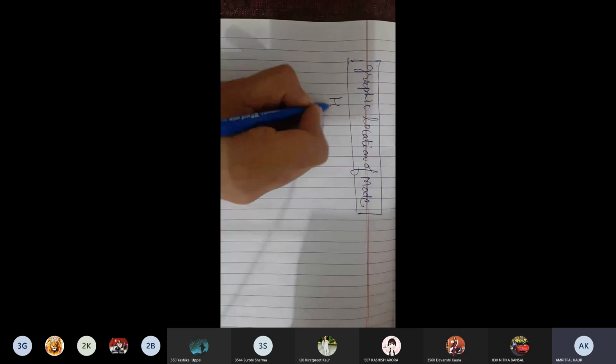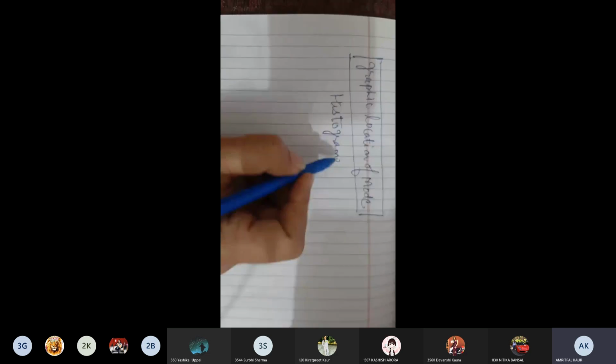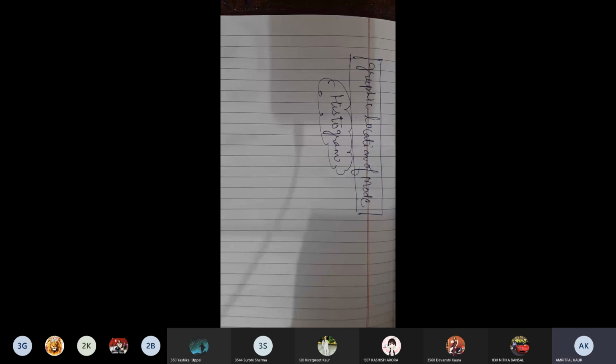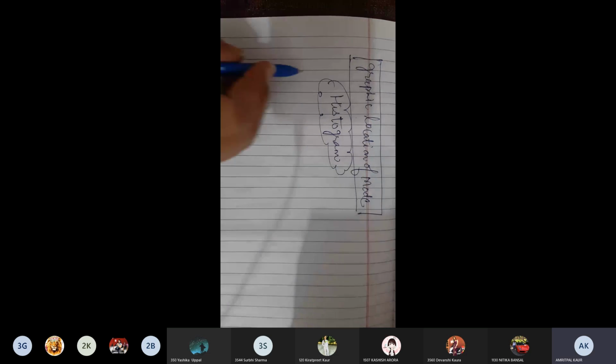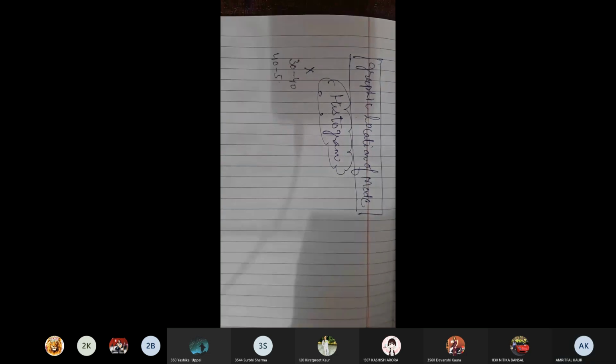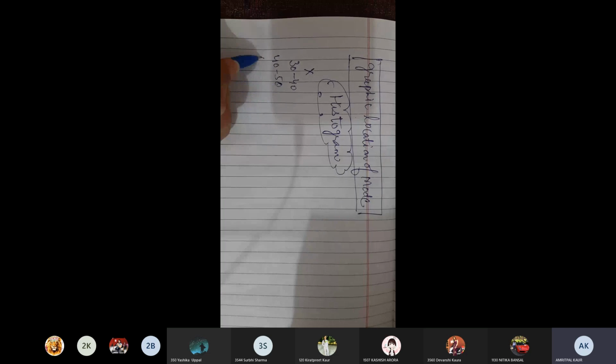Do you know how to draw a histogram? Earlier have you done this topic? Yes, ma'am. Histogram. So we will write down the same statement only, then we will draw the histogram. So this is 30 to 40, 40 to 50, 50 to 60, 60 to 70 and 70 to 80.